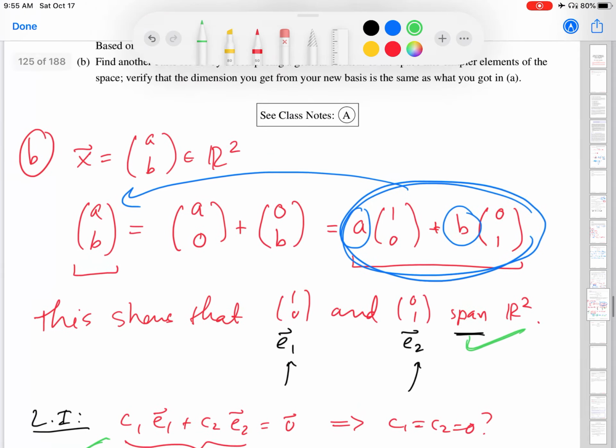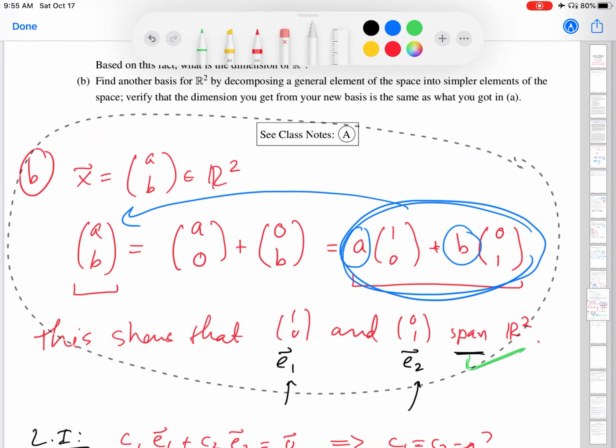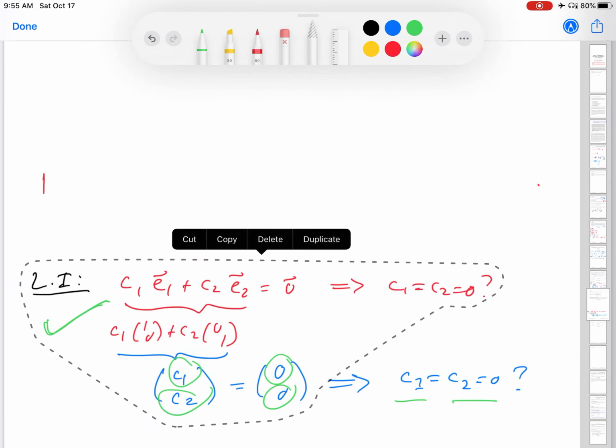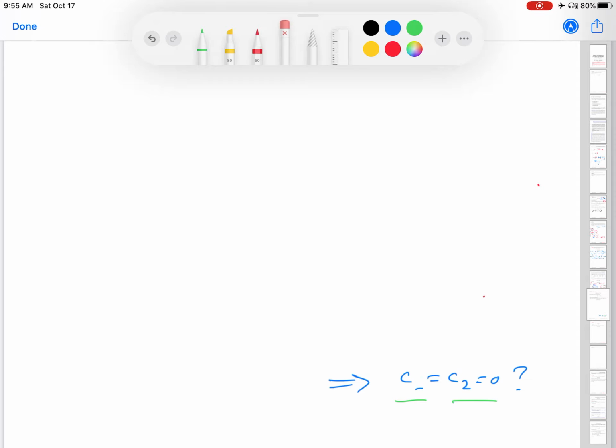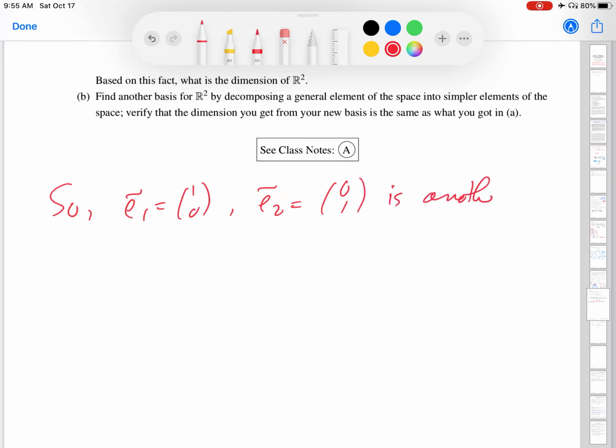Let me remove all the clutter so I can write down this basis, and then we can talk about its dimension. So I found another basis for R2, very cool. And this basis is a little simpler than the first basis that we talked about. That's also very nice. So E1 equals (1, 0), E2 equals (0, 1) is another basis for R2.